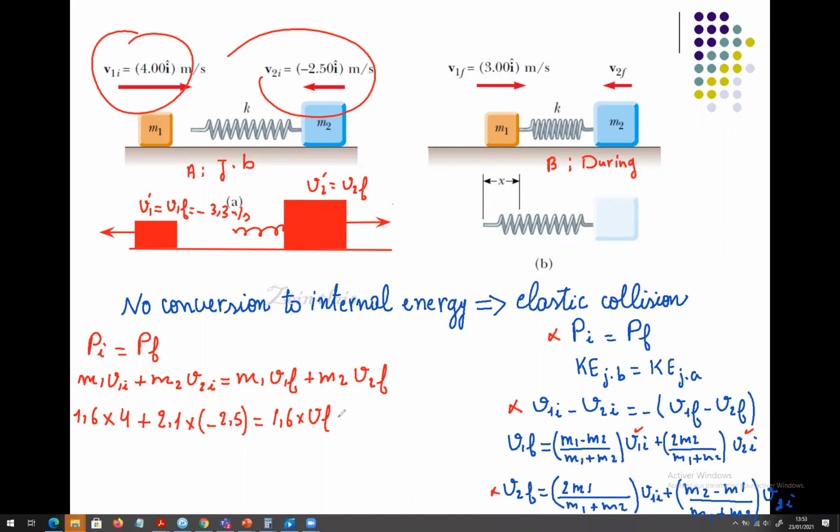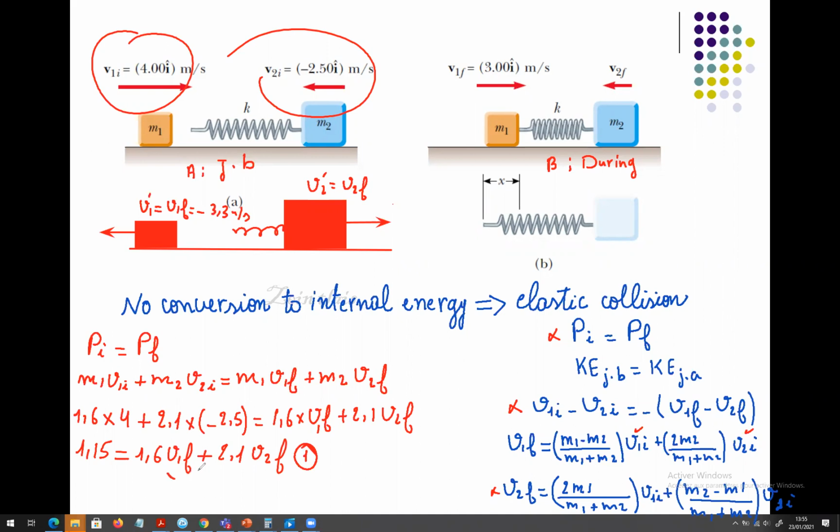In function of V1 final and V2 final, we can get the first relation between V1 final and V2 final. So we get the first equation, this one.